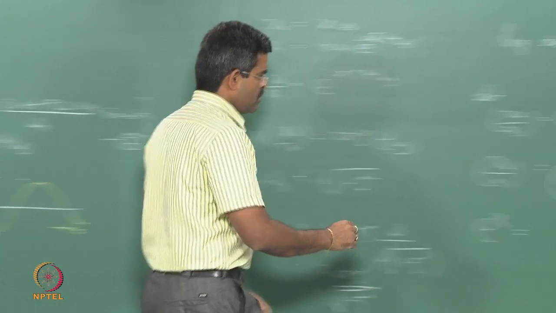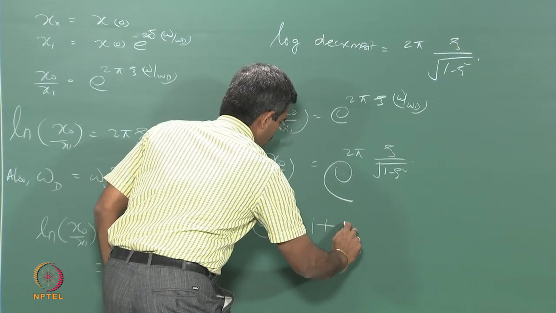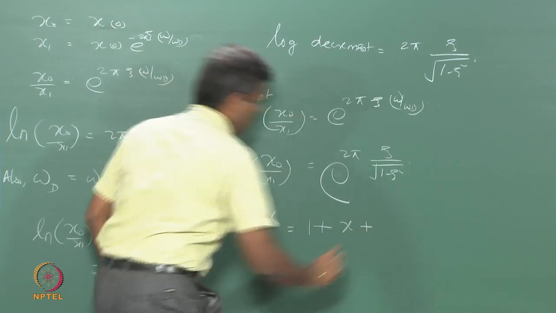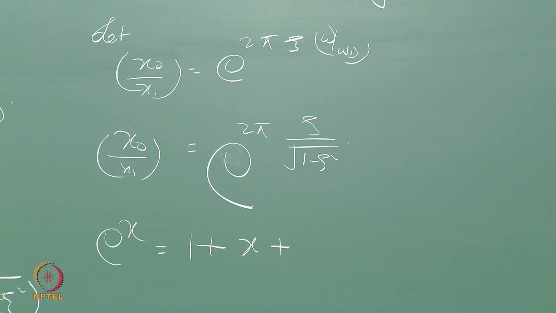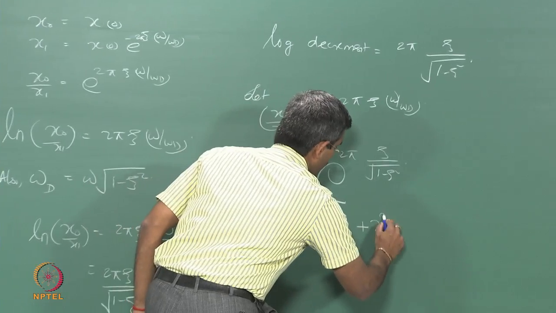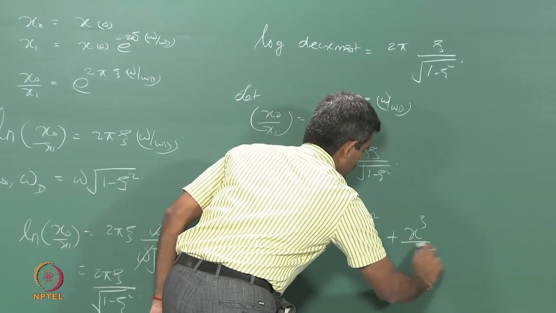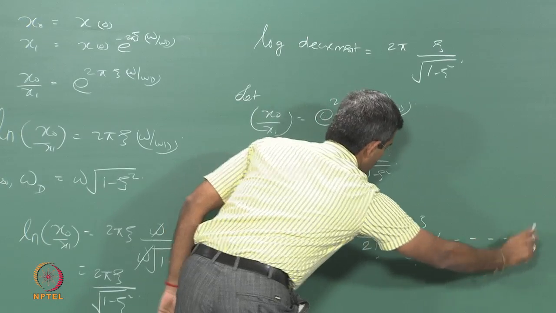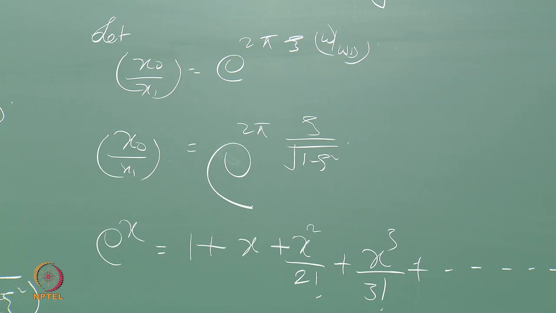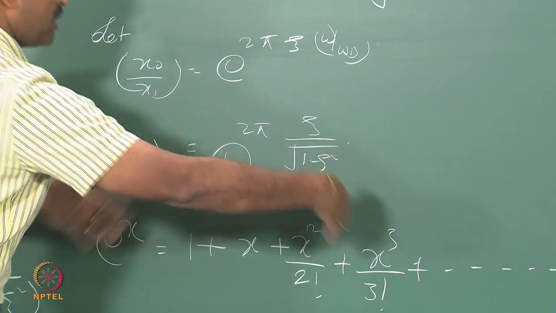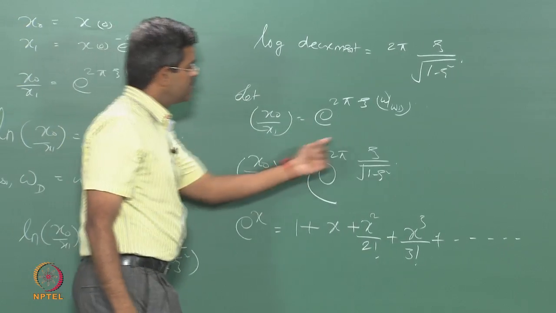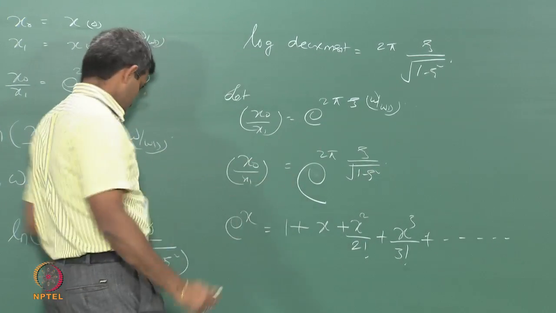So, if I do this, 1 plus x plus x square by factorial 2, and so on. This is how it goes. Let me use this series expansion here where x is this argument. I expand this.